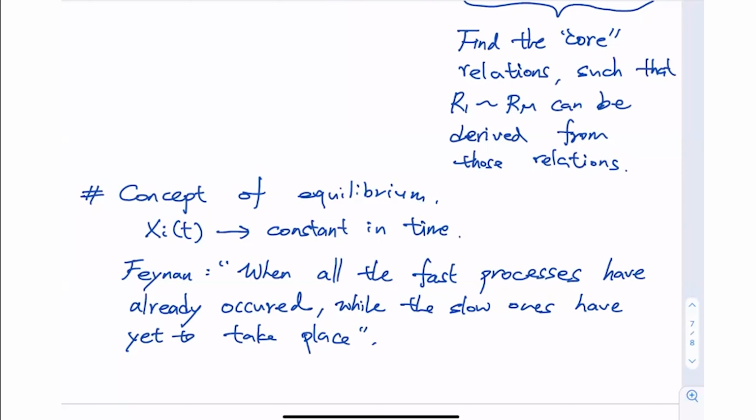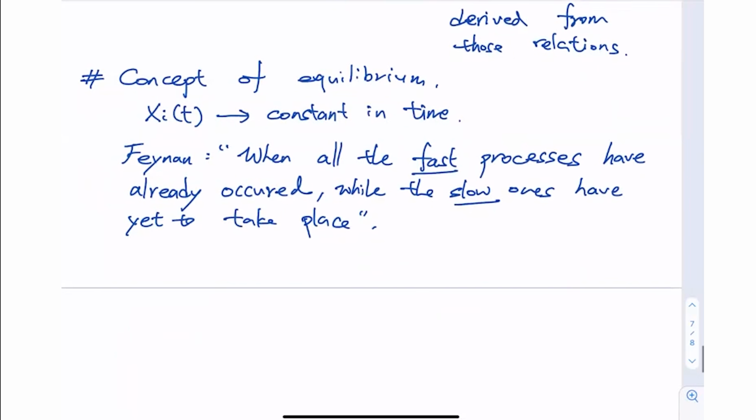That's the description, according to Feynman, of what we mean by equilibrium. In this description, you'll notice that it is described by fast and slow, and they are, to some extent, not a mathematically accurate description. So we'll try to make it a little more accurate what we mean by fast and slow. When two systems reach equilibrium at the microscopic level, those particles will basically jiggle around, and the time scale for those little particles is actually quite short.